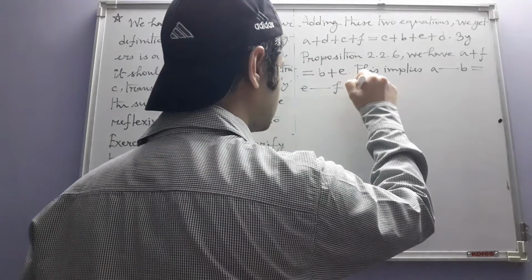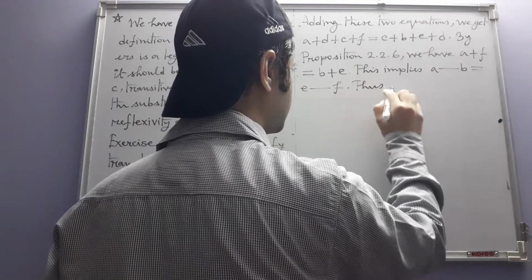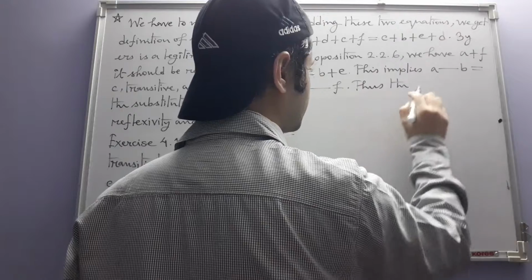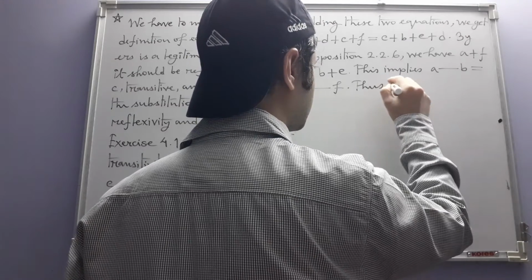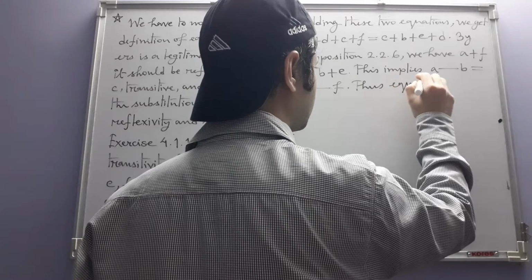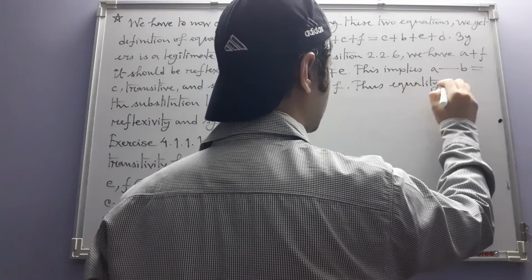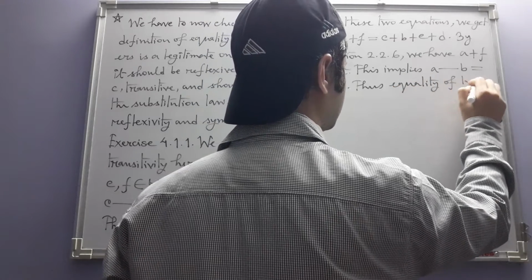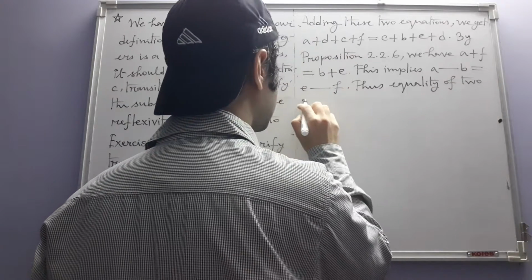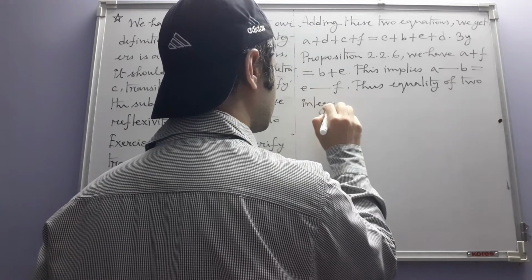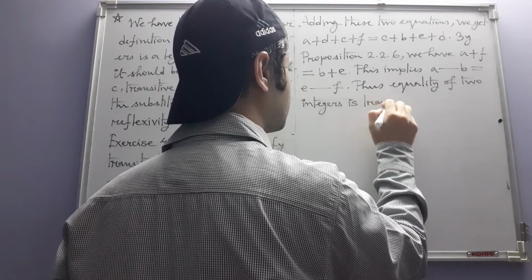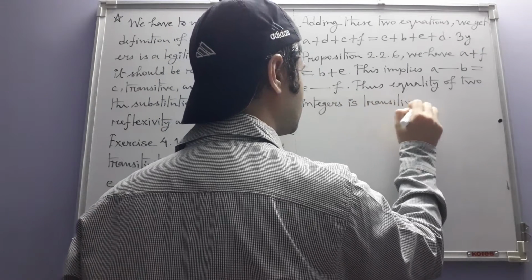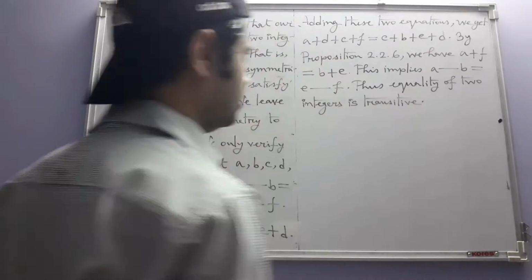This shows, or thus, the equality of two integers is transitive.